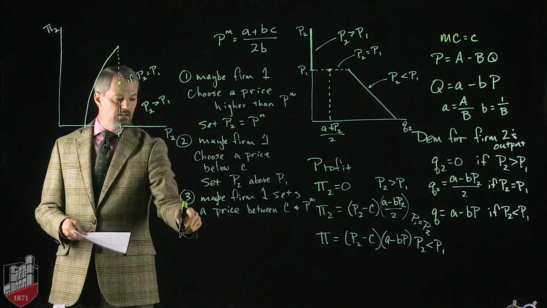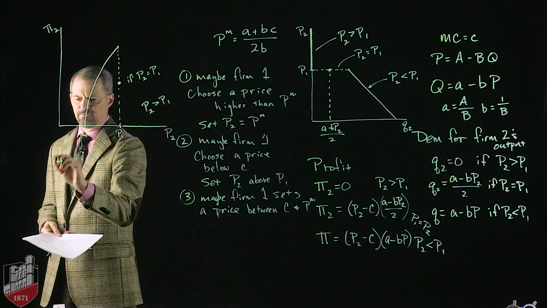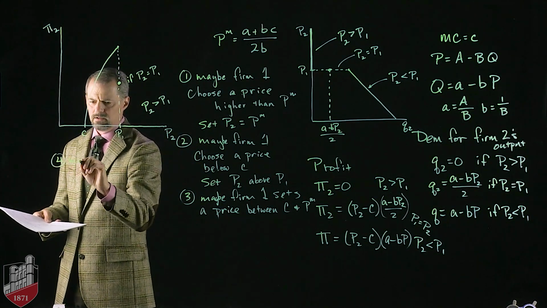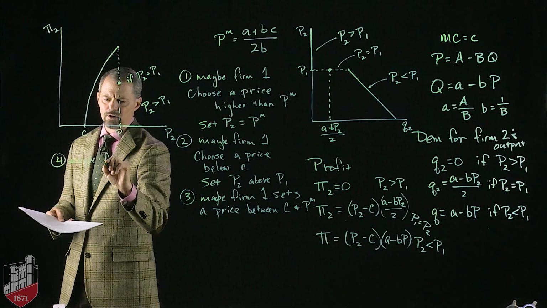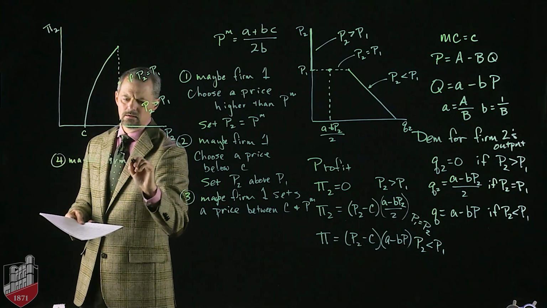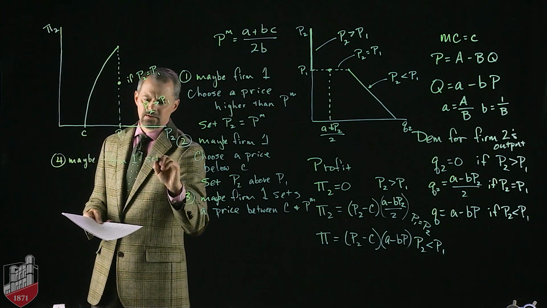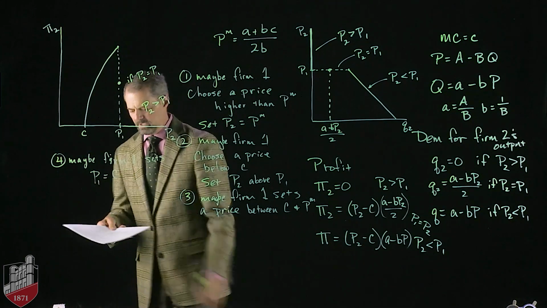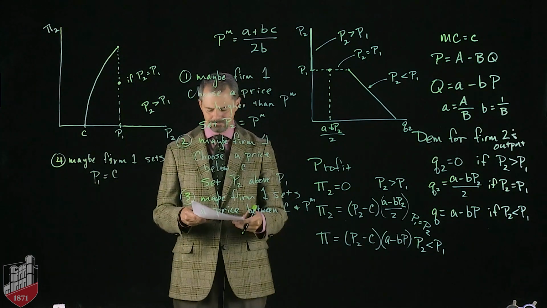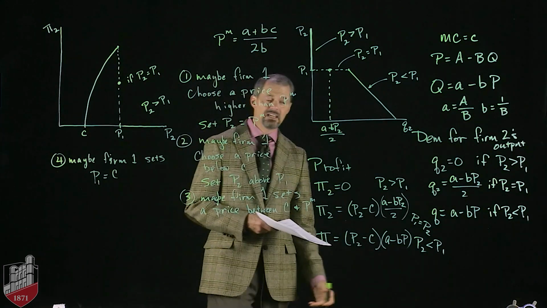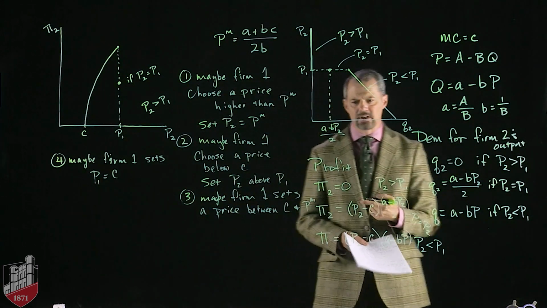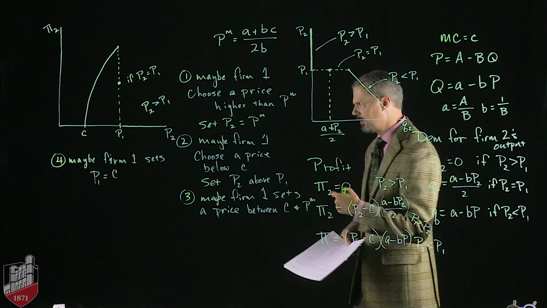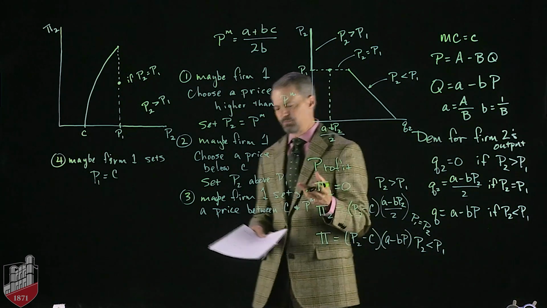Let's think about the fourth possibility, and that is maybe firm 1 sets price equal to marginal cost. P1 equal to marginal cost. Well, in that case, firm 2 shouldn't undercut, because if they undercut, now their price is below their cost of production and they earn a negative profit.